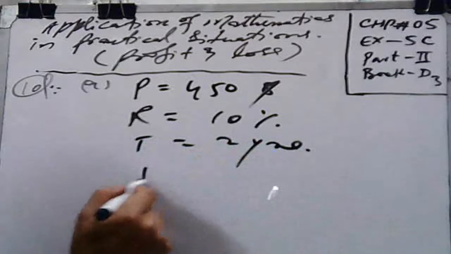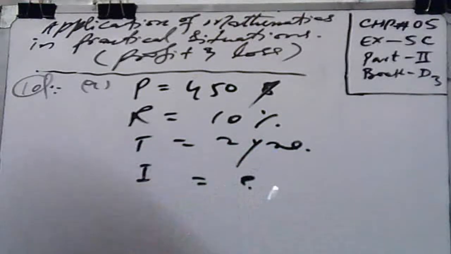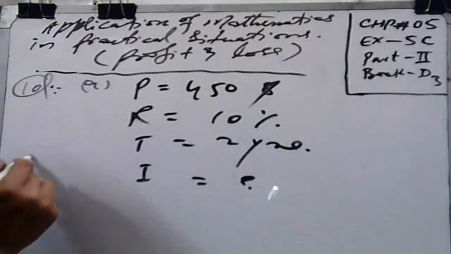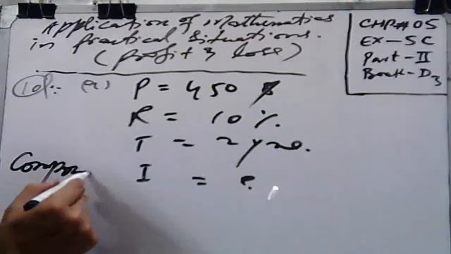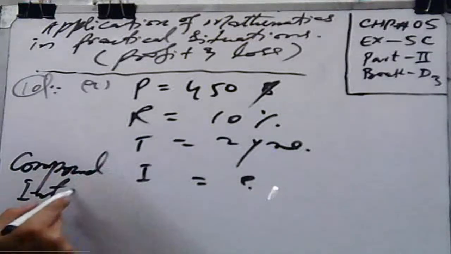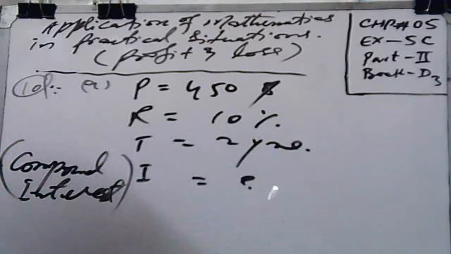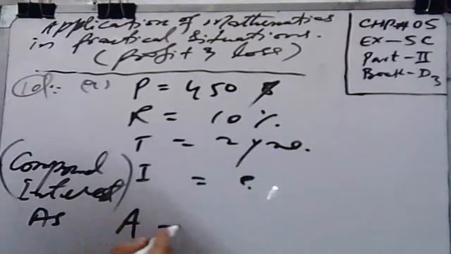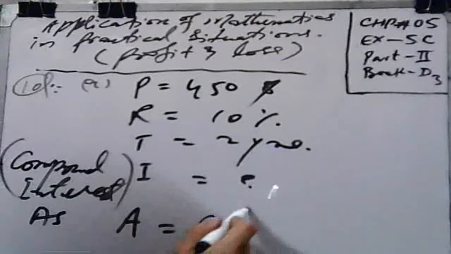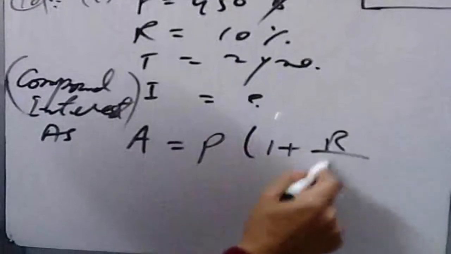For compound interest we have a simple formula, just we have discussed in the previous question. As amount in compound interest, we have principal amount 1 plus r divided by 100 having power time period t. Now putting the values, that is 450, 1 plus 10 divided by 100 and having power 2 years.